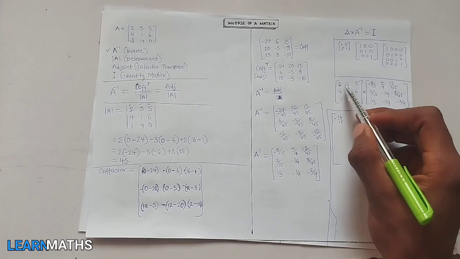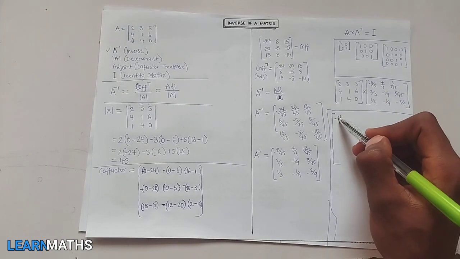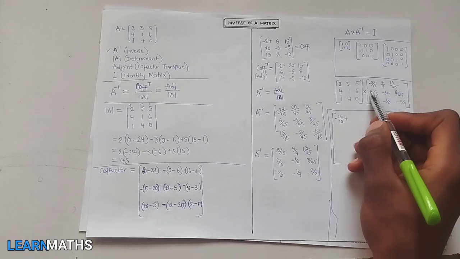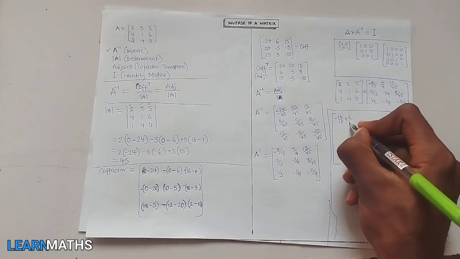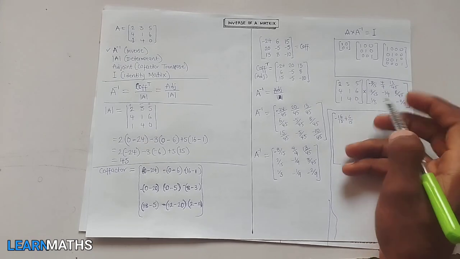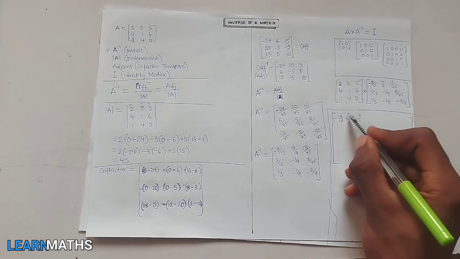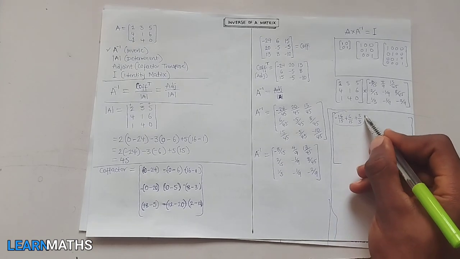This is going to multiply this. 2 times -8, that's -16 over 15, plus this is going to multiply this, 3 times 2, that's 6 over 15. Then finally, this is going to multiply this, that's plus 5 over 3. That's how you get the first element of the matrix.